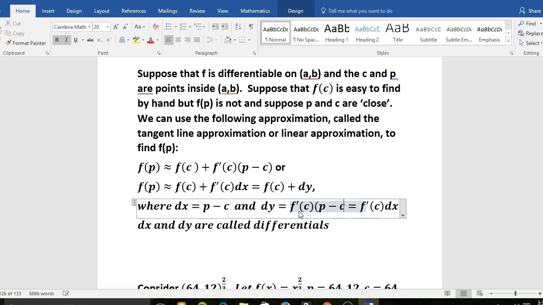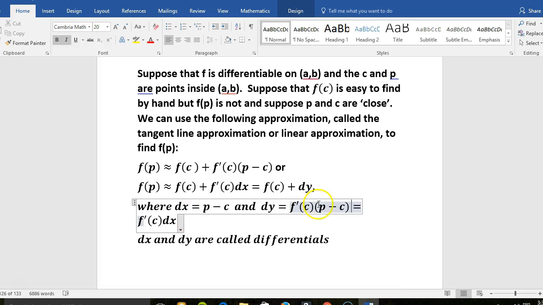But guys, we're going to let p minus c be called dx. So we're going to let dx equal p minus c, so we can replace p minus c with dx, and replace f prime of c times dx, which is f prime of c times p minus c, with just dy. So dy equals f prime of c times p minus c. We call dx and dy differentials.